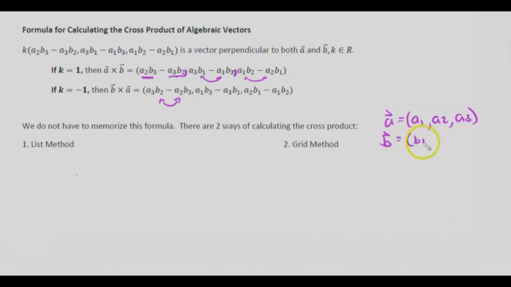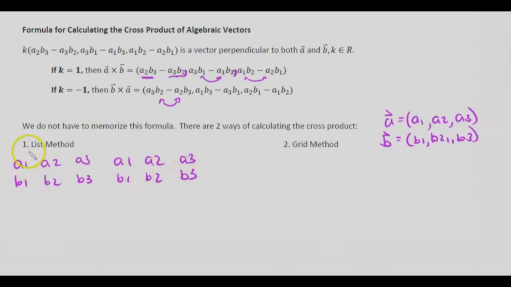And we're going to have vector B, which is going to be B1, B2, B3. So the list method, all we do is write out vector A's components twice: A1, A2, A3, A1, A2, A3. Write them out twice, and then we have B1, B2, B3, B1, B2, B3.